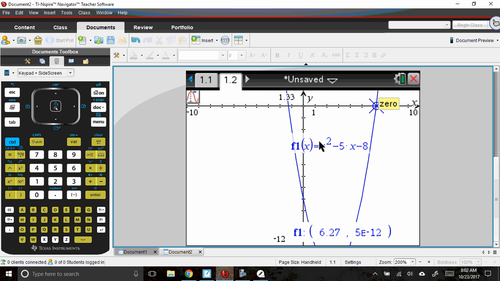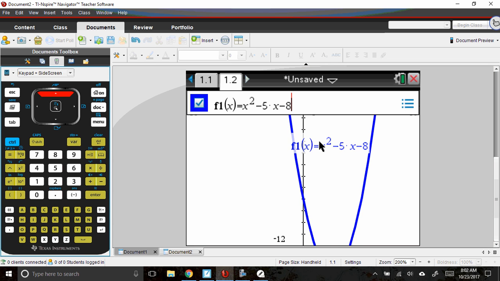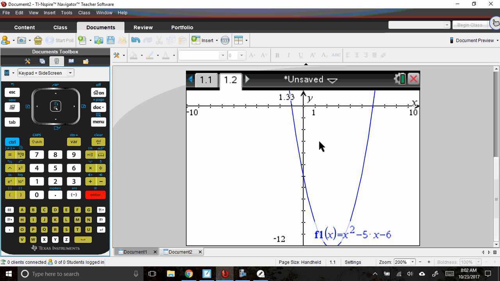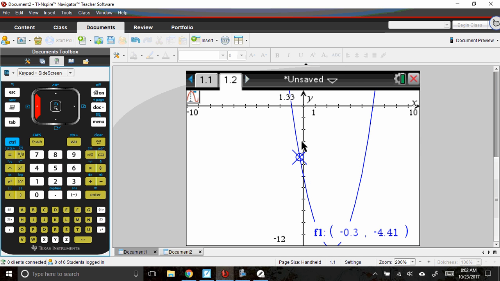The cool thing is I can just hit tab on this graph, and I can just change this function. So minus 5x minus 6, there we go. And it looks pretty clear what our x-intercepts are, but I'm just going to go ahead and menu, trace, graph trace. So I said one of them was going to be 6 and one was negative 1, right?